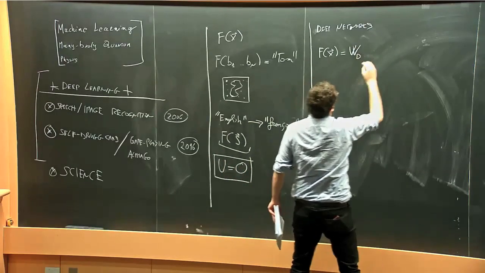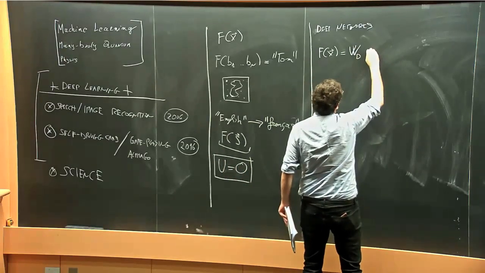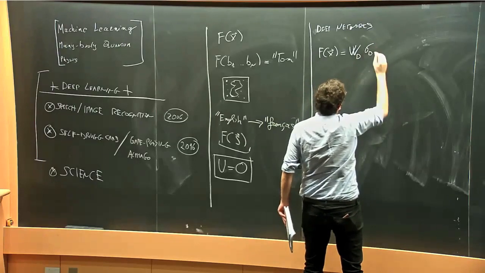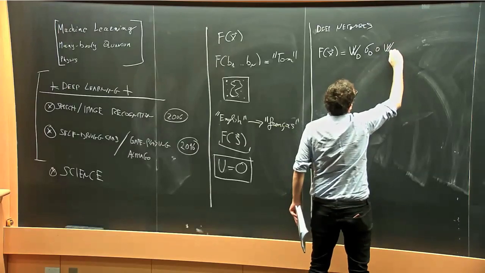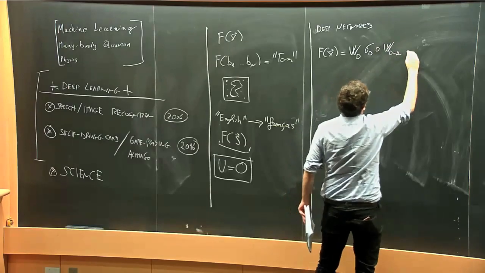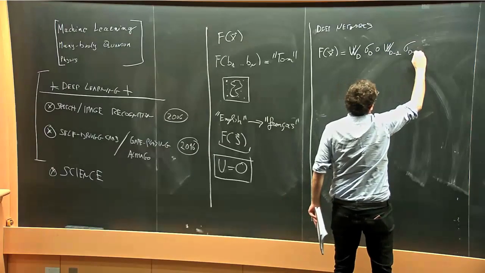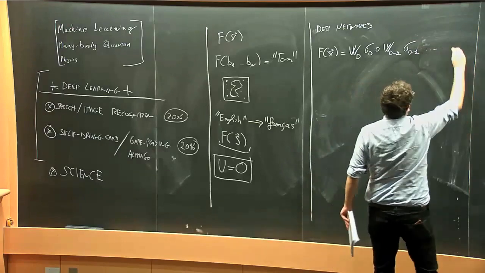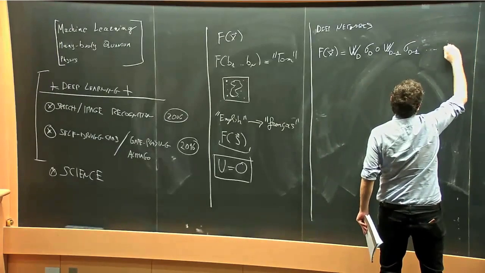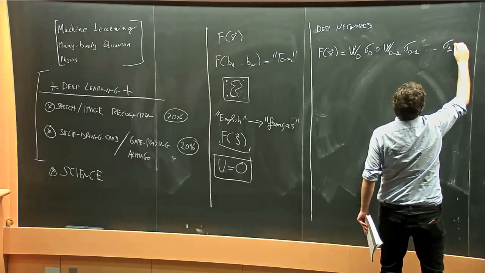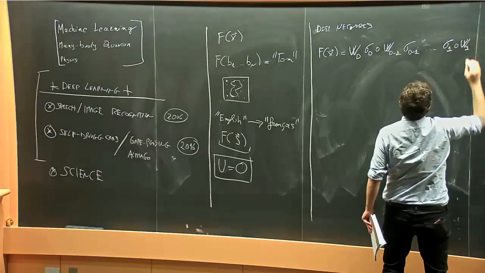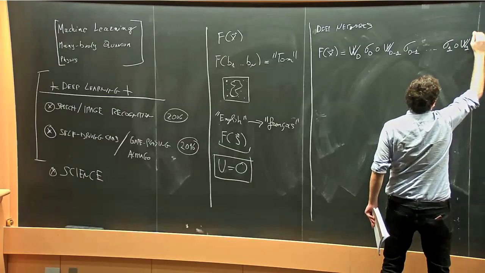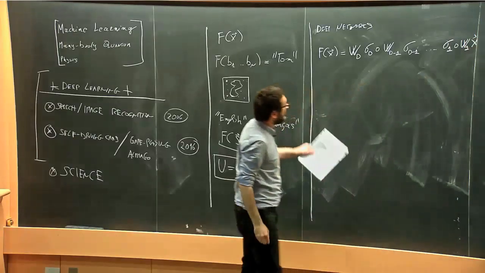You parameterize it as some weight matrix that I'm going to define in a second, times some activation function that I'm also going to define in a second, which is applied then to another layer, then to another activation function, up until you reach the first activation function, which is applied on my first layer weights, and then on my initial input x.